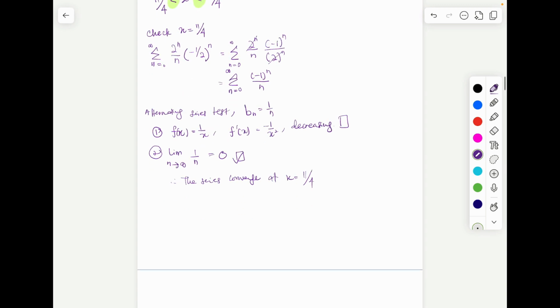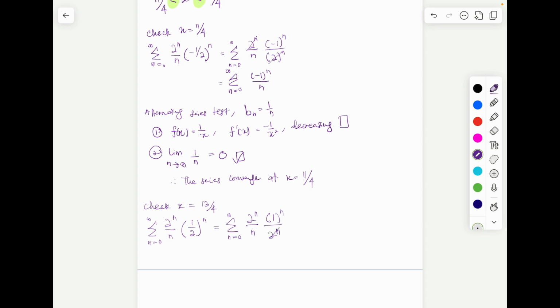Then we check at x equals 13/4. We plug in x as 13/4 inside the original series. Then it becomes (1/2) to the power of n, which you can adjust a bit. I just separate it: 1 to the power of n divided by 2 to the power of n.